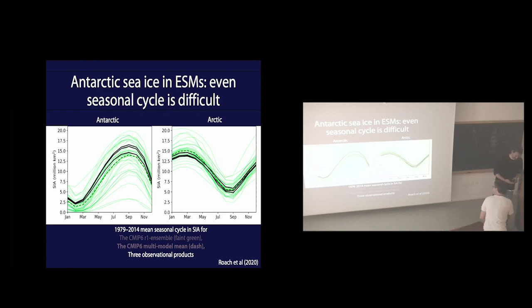So this is just some illustrations. The black lines are the seasonal cycle of Antarctic sea ice in the observations, and the green lines are CMIP6 models' seasonal cycles. If you look at the winter maximum, some have whatever 2 million square kilometers, some have 20. And in summer, some have whatever 7.5 million square kilometers left, some have no ice left.